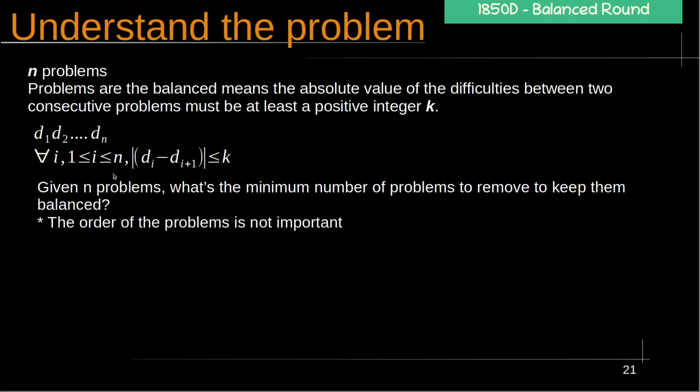If this set of problems is balanced, it means that for every di minus di plus 1, the absolute value of this difference is less than or equal to k. Okay, so we have to compute the minimum number of problems to remove to keep the problems balanced.